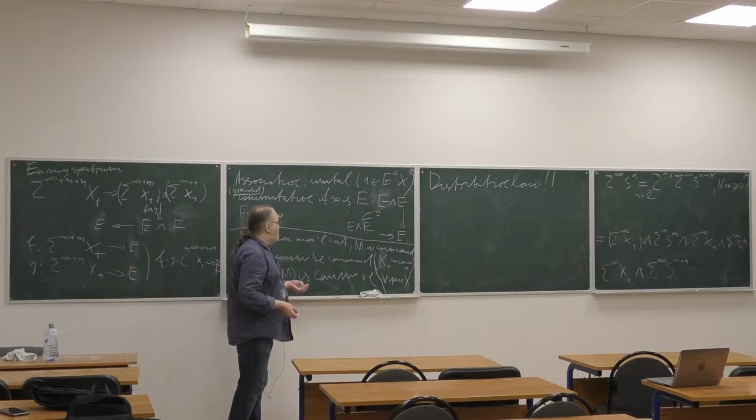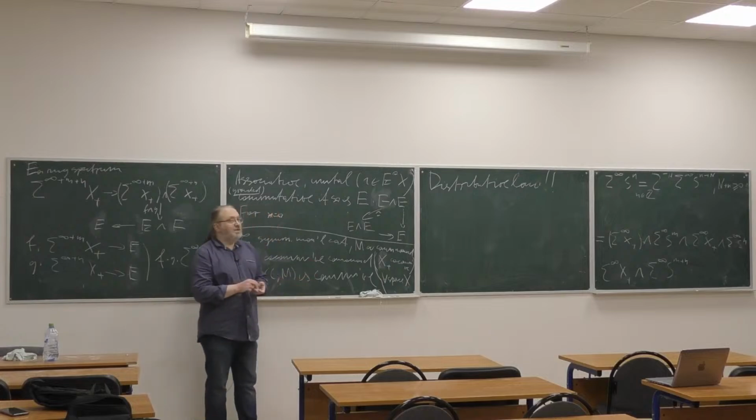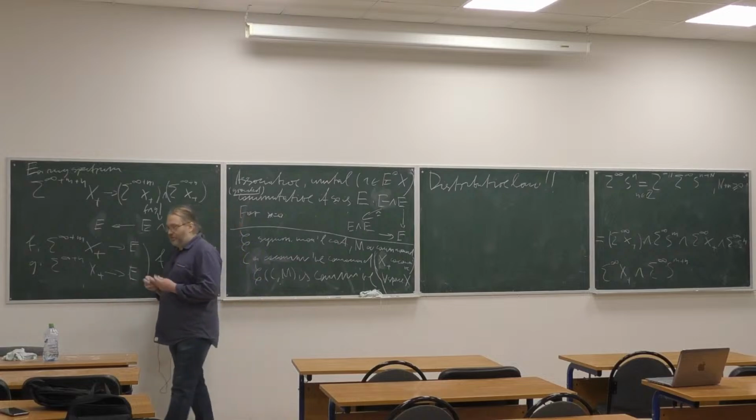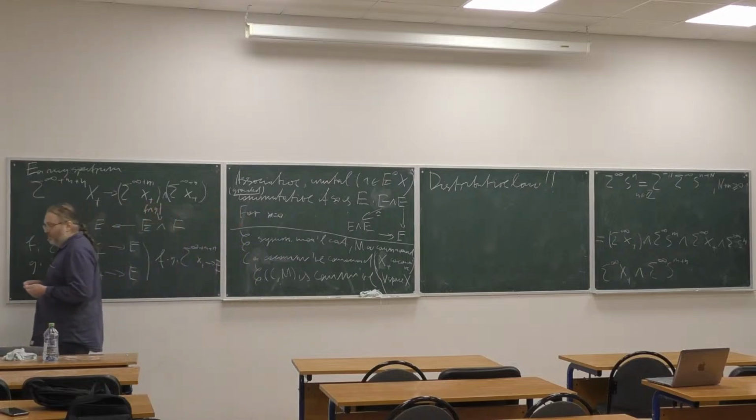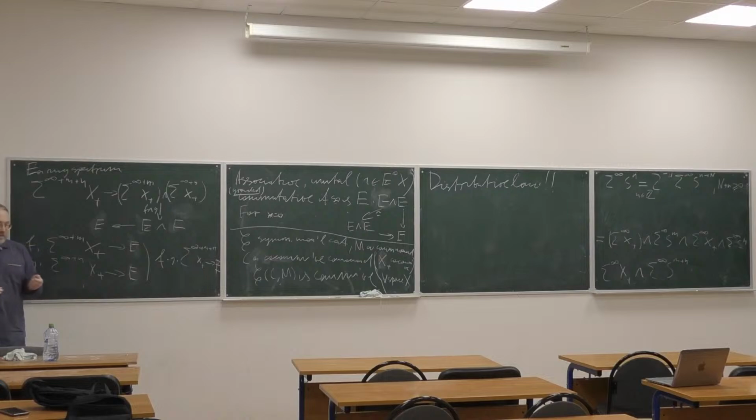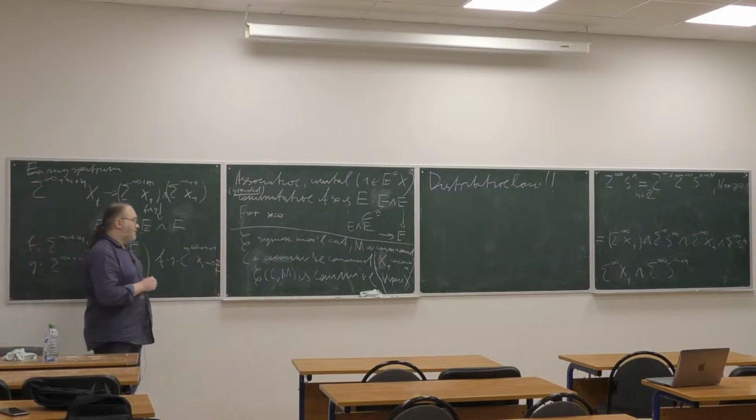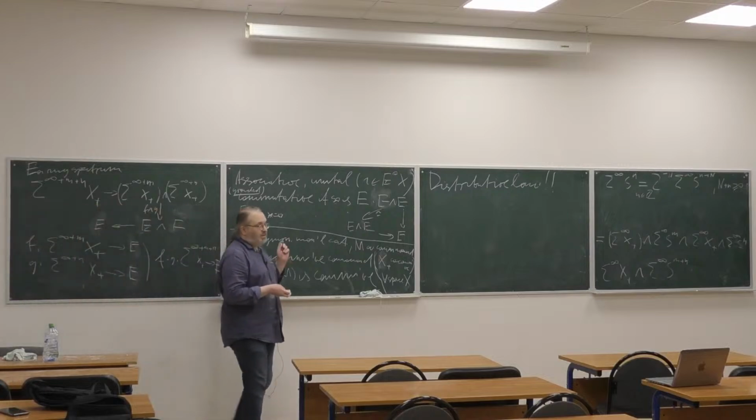Okay, so we do get a ring structure if we take the cohomology with coefficients in the ring spectrum and the cohomology of a space.